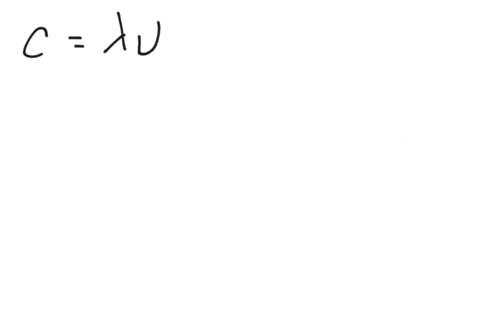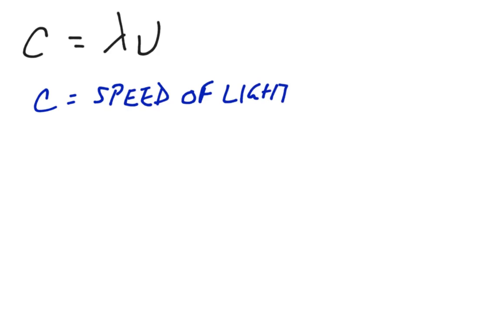The other end of the idea: we can come up with an idea numerically about what light does and the way that it works and interacts. All light travels at the same speed. C is the speed of light. The speed of light in a vacuum is one of the constants of the universe. That's 3 times 10 to the 8th meters per second.